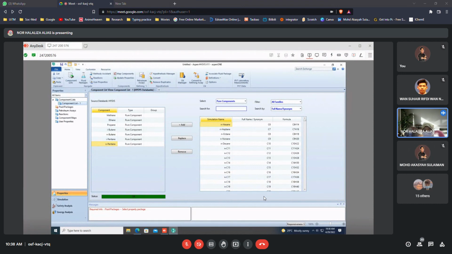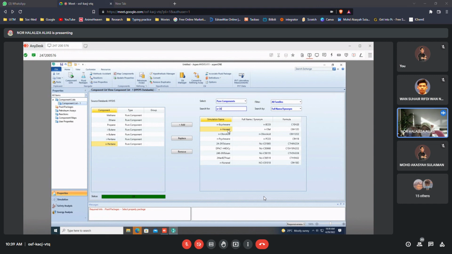So again saya repeat macam mana nak buat untuk N-hexane tadi. Sepatutnya dia adalah NC6, tapi apa yang keluar adalah NC6AL. AL ni hexanal. Tapi kalau you tengok sini, semuanya adalah methane, ethane, propane, butane, pentane. Sepatutnya selepas pentane adalah hexane. So kalau you pilih N-hexanal tu tak betul lah.